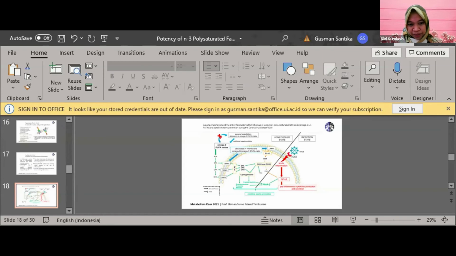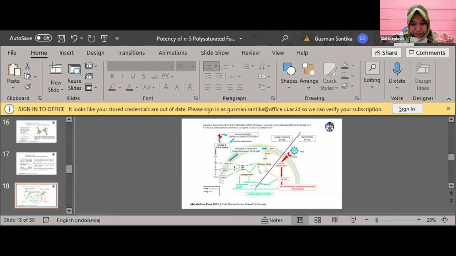One question for me: what is the advantage of anti-PUFA structure and PUFA structure as anti-inflammation, to prevent COVID-19 infection? Thank you.